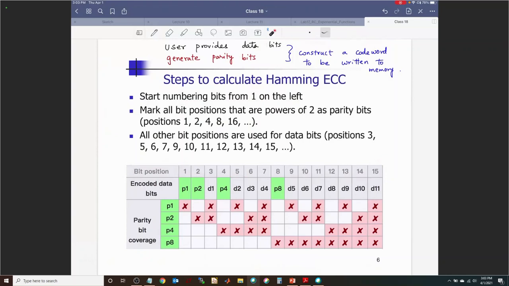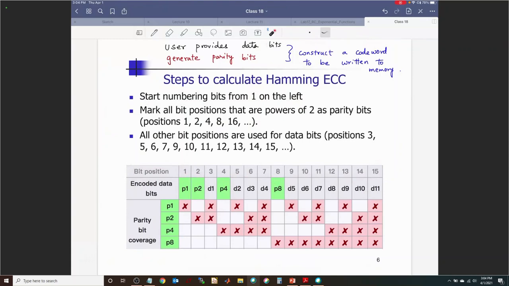Where are the parity bits going? You see, parity bit 1 goes in position number 1. Parity bit 2 goes in position number 2. Parity bit 4 goes in position number 4. Parity bit 8 goes in position number 8. That's it. Those are my 4 parity bits going into those specific locations. What are those? 1, 2, 4, and 8.